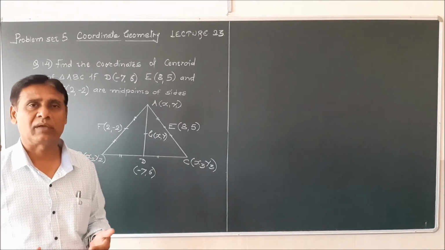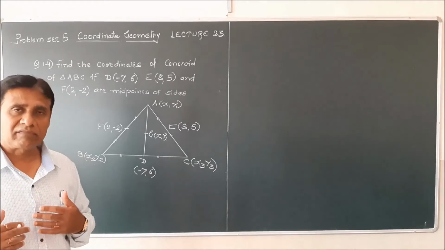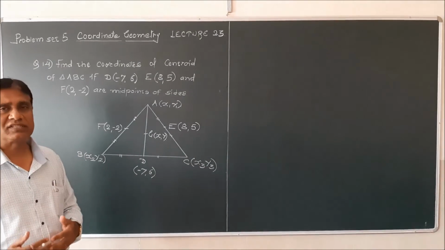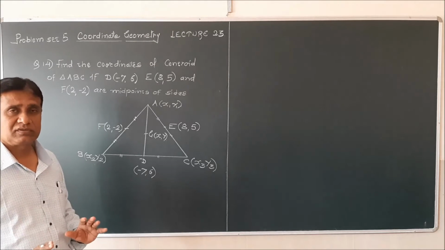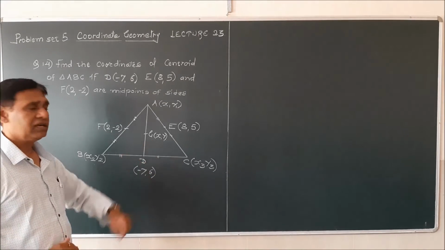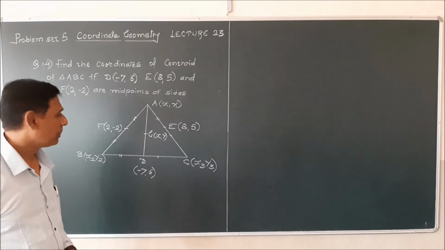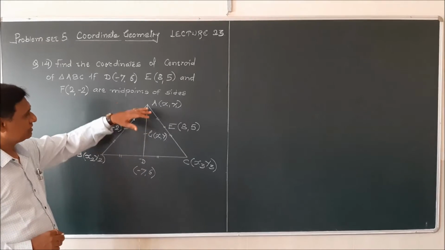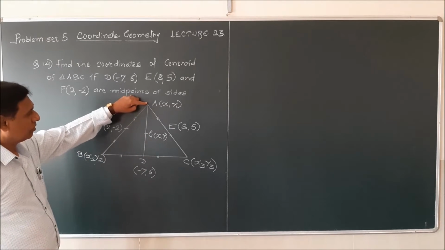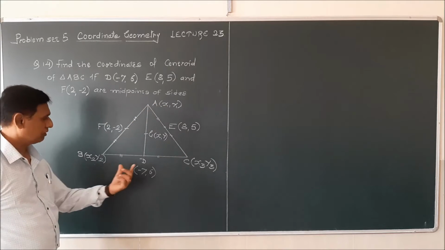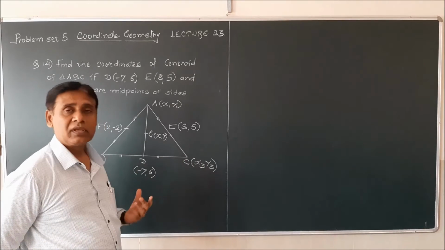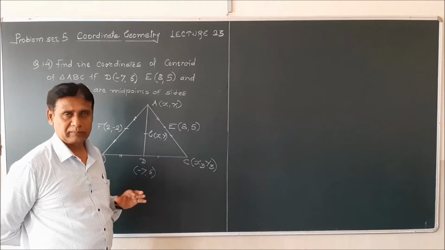Try to understand what I mean to say. They have given us the midpoints of the sides and they ask us to find the coordinates of the centroid. For the sake of convenience, I have taken the coordinates of A as x1, y1, B as x2, y2, and C as x3, y3.